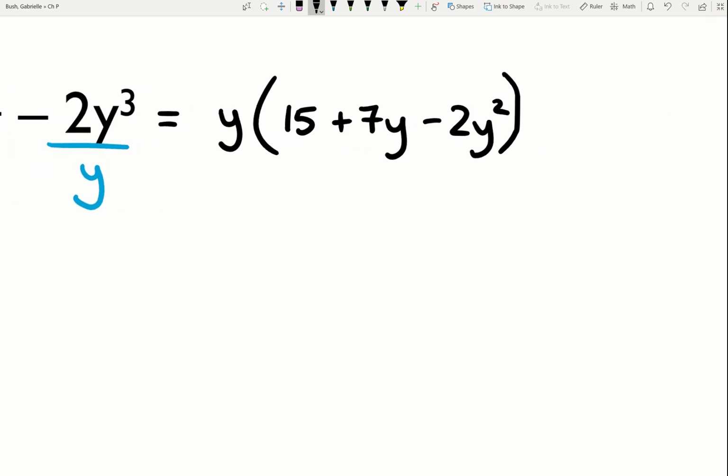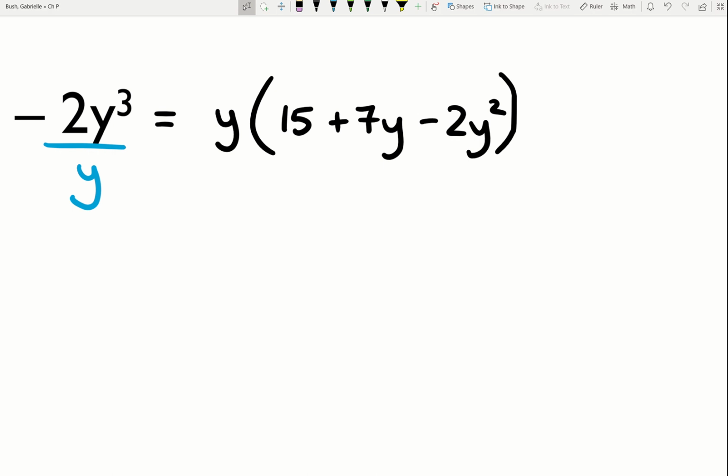Okay? So if we look at that polynomial, one of the things that might be handy, though you don't have to do this, is to write that into standard form so that your negative 2y squared term comes first, and then you can factor it as normal. But here what we want to do is think about how this would factor. We could think about doing that chart method that we talked about in the previous slide, right?